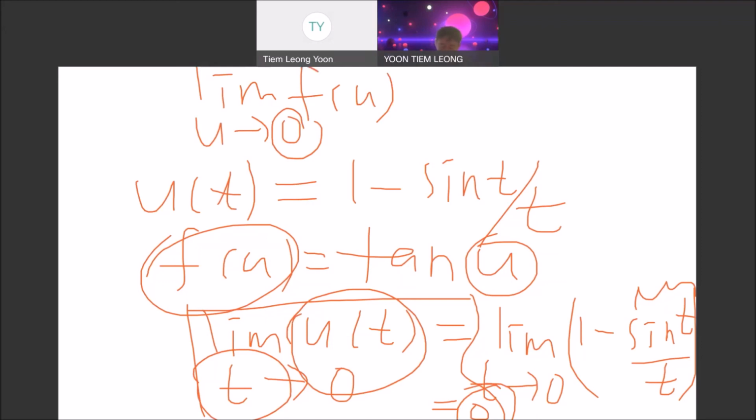So this is the limit of tangent u. Does the limit of tangent u when u tends to 0 exist or not? The answer is yes. It is quite straightforward to tell that tangent has a limit when u goes to 0.